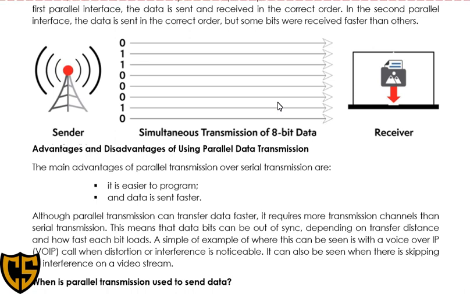So this means that data bits can be out of sync depending on the transfer distance and how fast each bit loads. A simple example of where this can be seen is the voice over internet protocols. When distortion or interference is noticeable, it can also be seen when there is skipping or interference on your video stream.